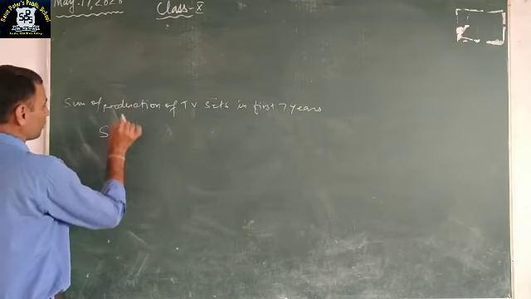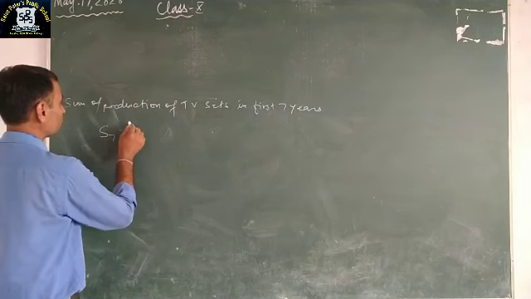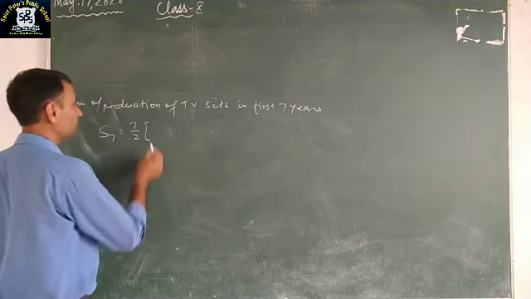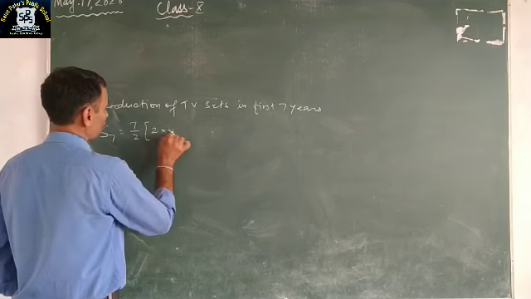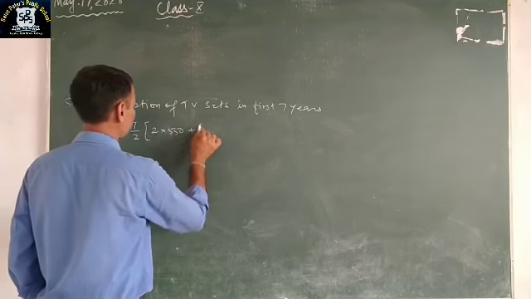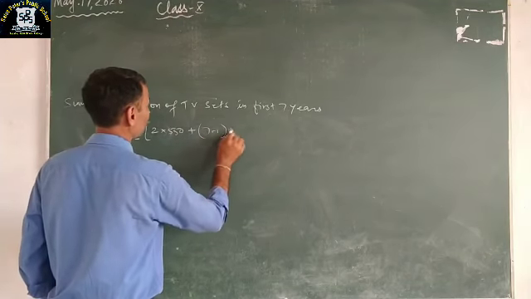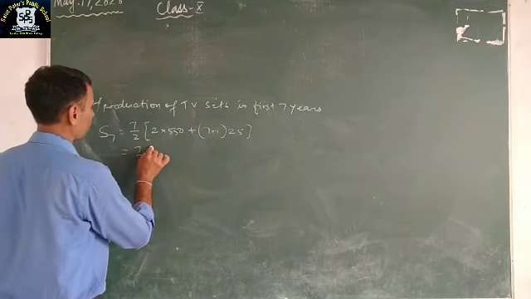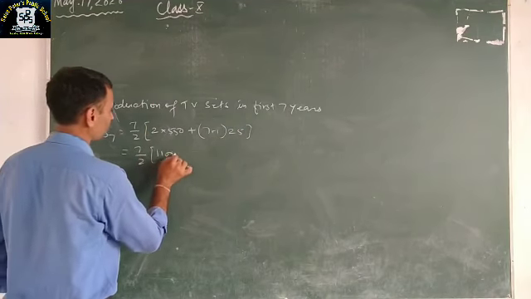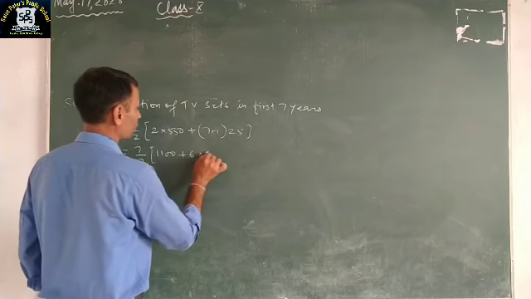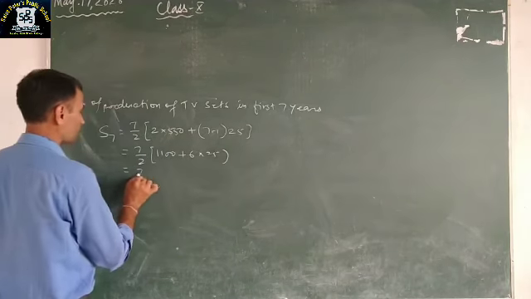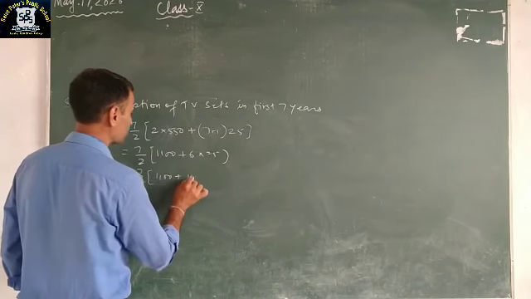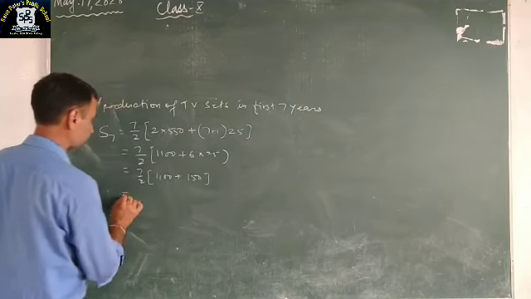So S7 will be equal to n by 2, that's 7 by 2 into 2a. A was 550, so 2 into 550 plus n minus 1, 7 minus 1 into common difference, and it's 7 by 2 into, it comes 1100 plus 6 into 25, it's 150.